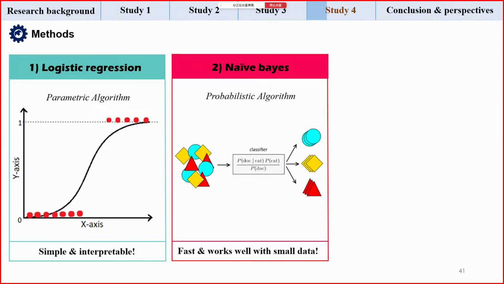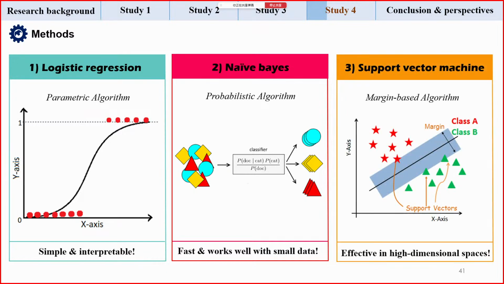Naive Bayes assumes feature independence and calculates the probability of a player being injured or not injured, selecting the highest probability as the prediction result. It is fast and works with smaller datasets. Support vector machine finds the optimal hyperplane by maximizing the margin, classifying players into injured or not injured categories.